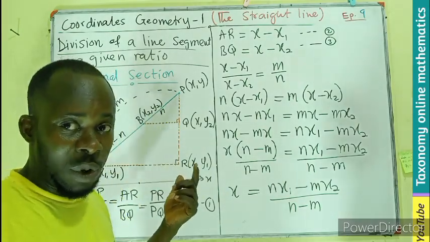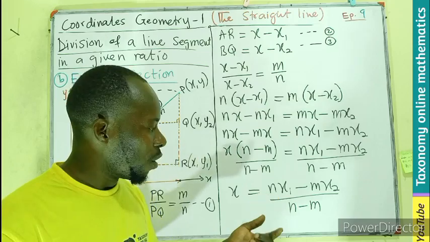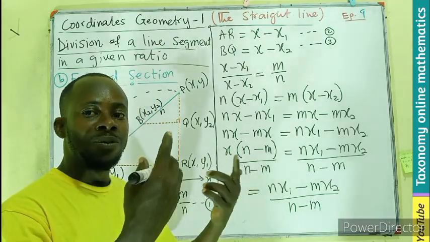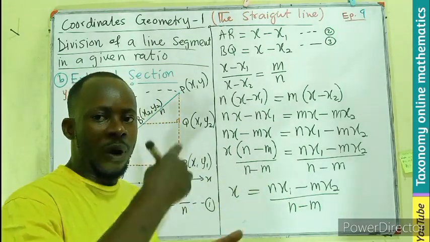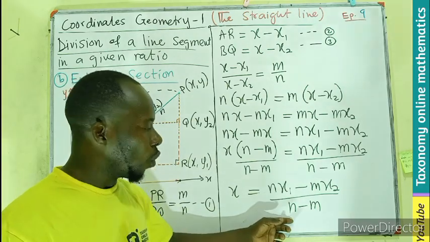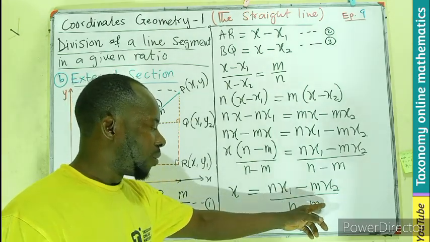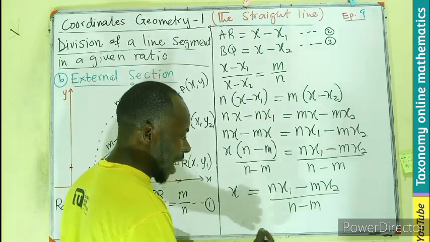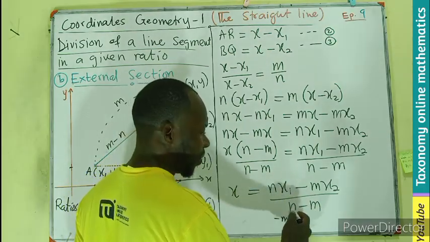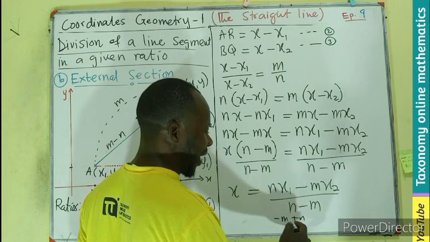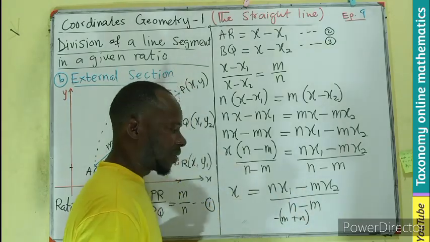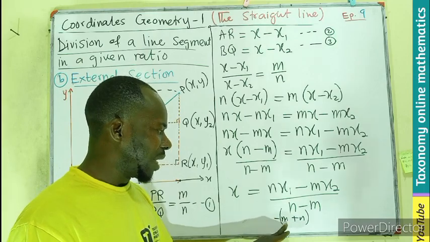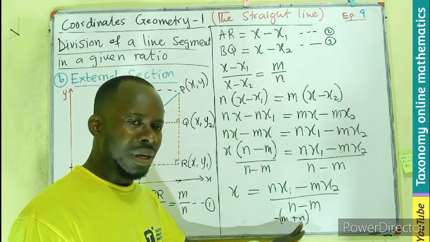Now, from the first one we did, which was the internal division, we are always beginning by bringing in the m before the n. If we are doing so, I can push this one here to become negative m. This will be plus n. But if I introduce a bracket, this will become negative.